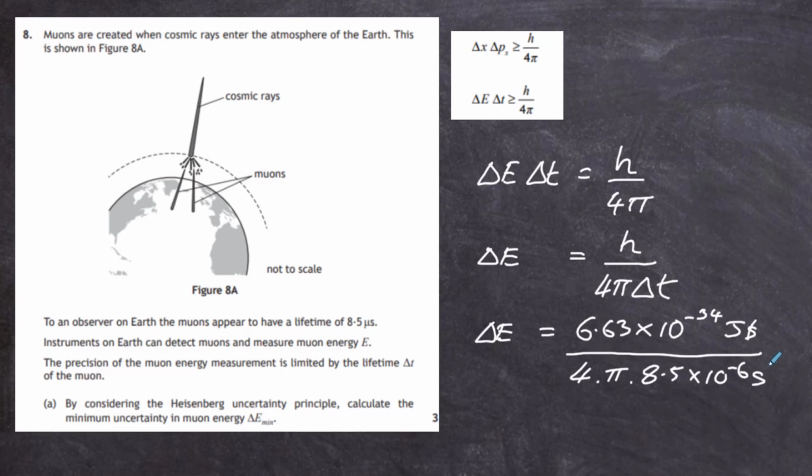You can see the 2 seconds cancel out, and we're left with an energy delta E in the units of joules. So if we do that in our calculator, the uncertainty in the energy comes out to be 6.20 times 10 to the minus 30 joules. You get your 3 marks.